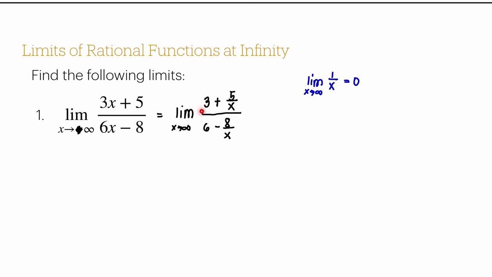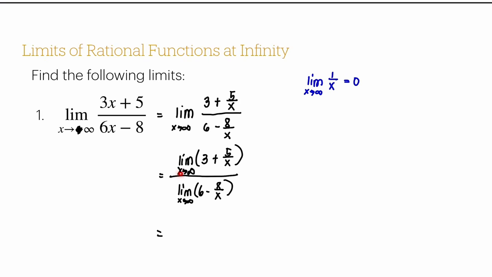So when we evaluate the limit here, and the limit of a constant is just the constant itself, this can be written as the limit of 3 plus 5 over x as x approaches infinity divided by the limit of 6 minus 8 over x as x approaches infinity. And then we can evaluate the limits individually.